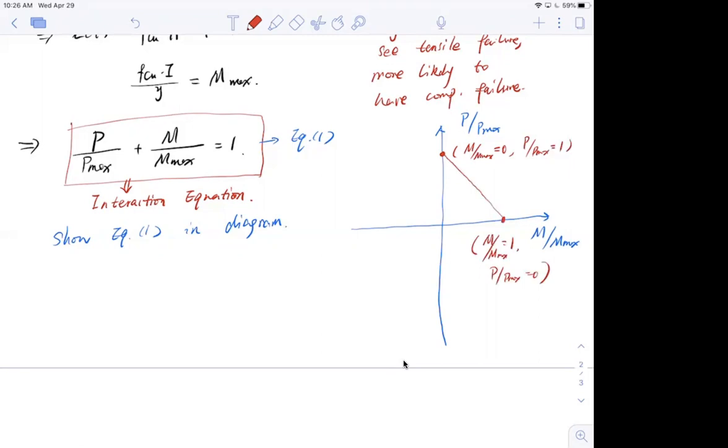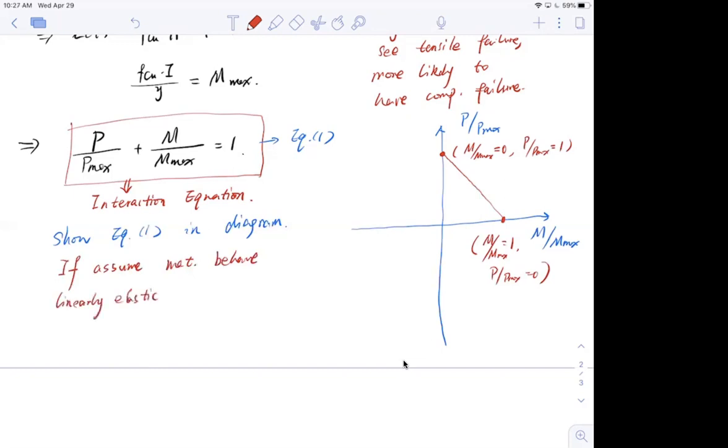Okay. Now, assume materials behave linearly elastic. What does it mean?